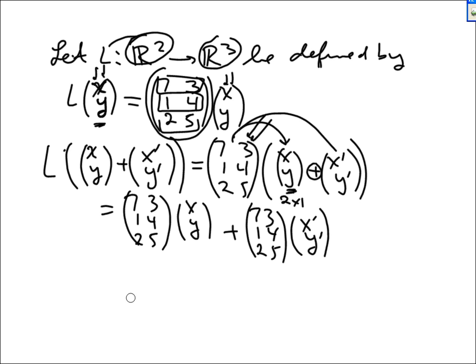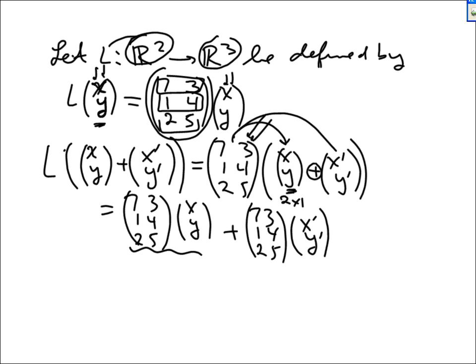L of a vector is that matrix 1, 4, 2, 5 times a vector. So that matrix times xy that you see on the bottom left, that's L of xy. Plus that same matrix 7, 3, 1, 4, 2, 5 times x prime y prime. That's L of x prime y prime.